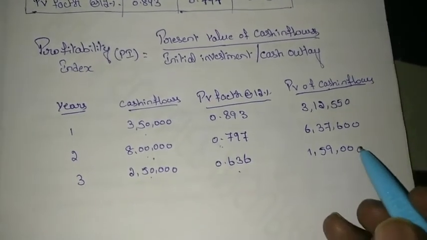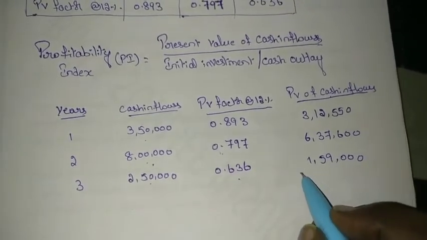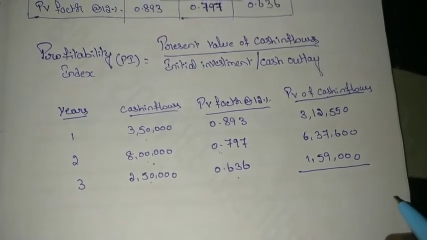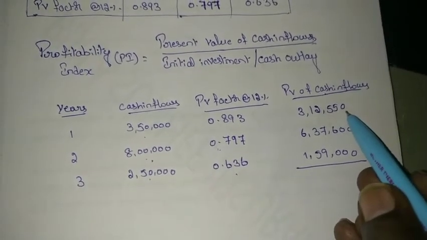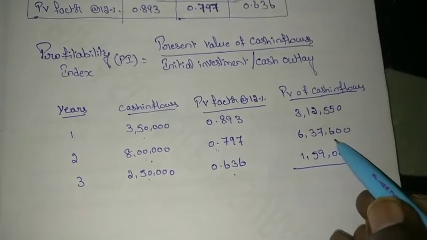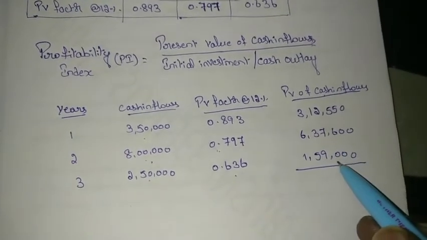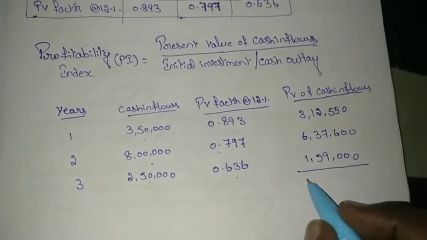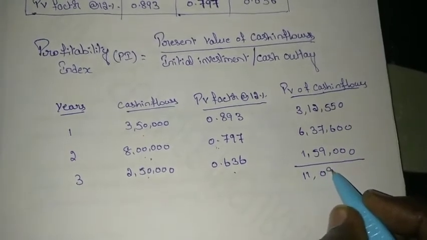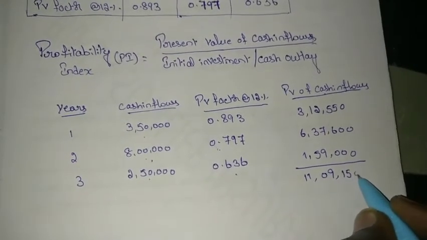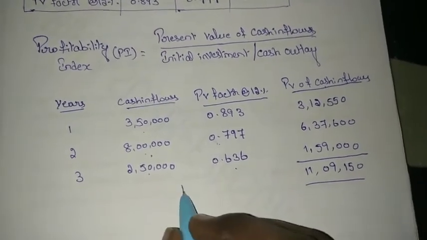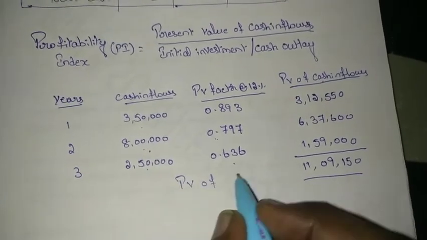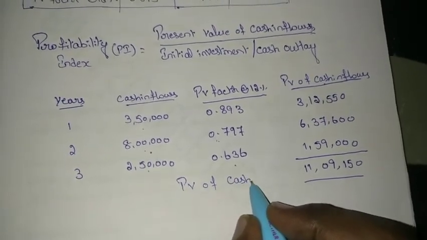Now add all the years' present values: the total of 3,12,550, 6,37,600 and 1,59,000 is 11,09,150. So this will be considered as the present value of cash inflows.